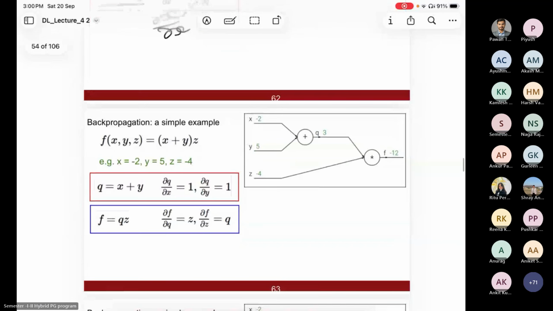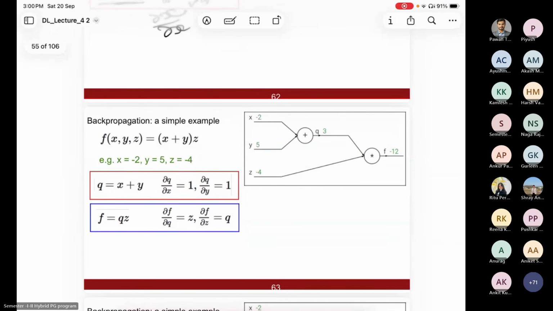Now let's come to this part. In this part, what is this function? This function is f equal to qz. Q is this, z is this, so we are doing the multiplication. If I ask you what is the derivative of f with respect to q, you know the answer.